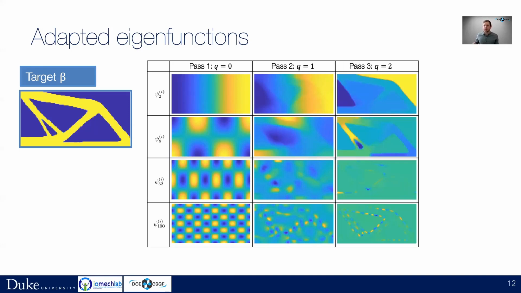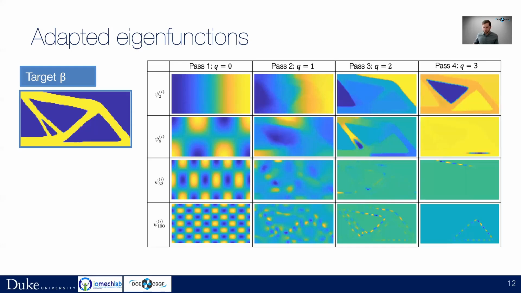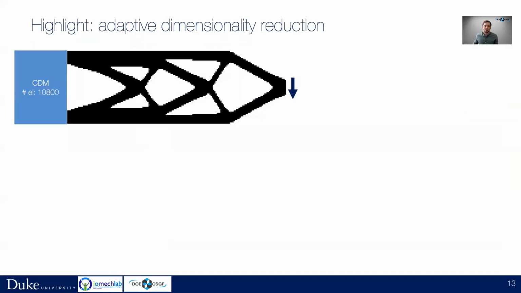As you go through multiple adaptations, the basis functions become essentially conformed to your current solution and are able to represent piecewise constant fields in very low dimension, as the high index eigenfunctions represent very particular regions where the solution is going to vary. So this will represent a very efficient basis to represent a solution to a topology optimization problem.